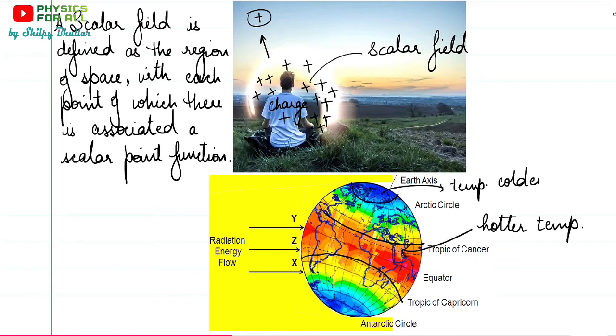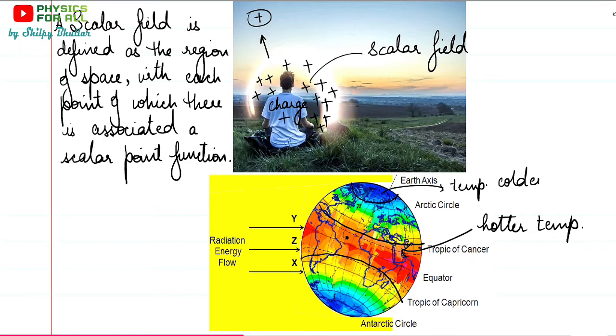So now, what is temperature? Temperature is a scalar. You take a point somewhere and term it a point function, but everywhere in this whole region is its field.